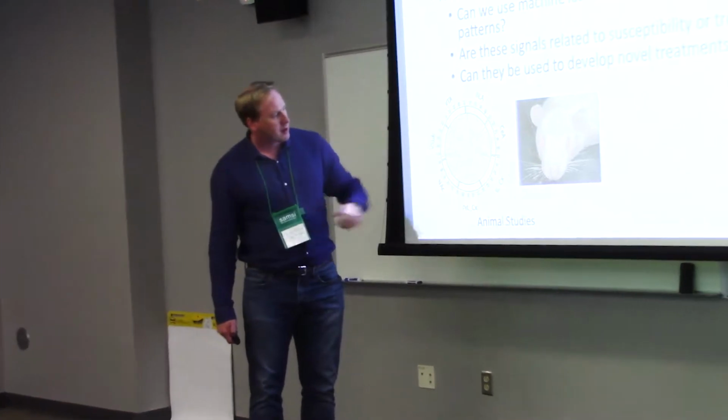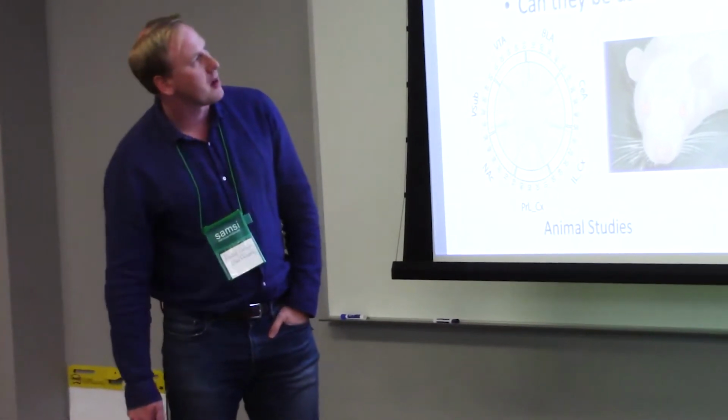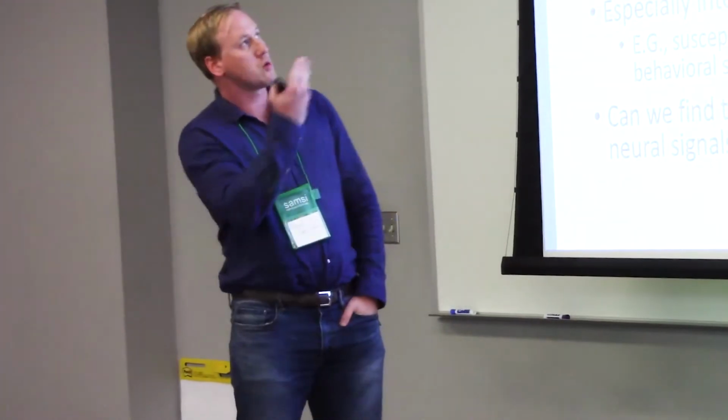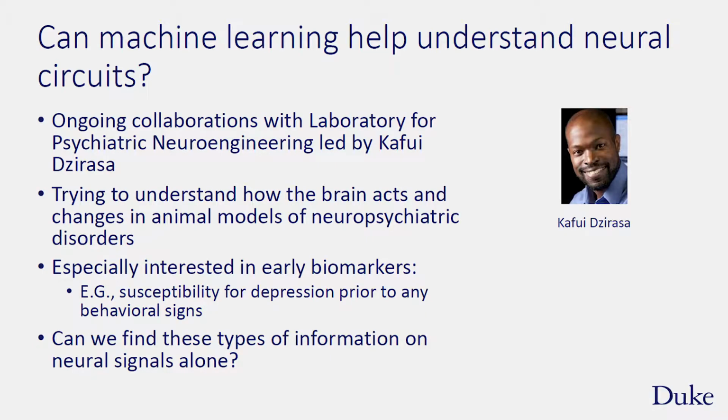So we're going to start by looking at what we can do in a mouse model. Can an actual machine learning technique help understand neural circuits? If we're looking at a mouse, we want to understand what's going on in this mouse's brain. This is an ongoing collaboration with Kafui Daraza, who's over there. He leads the Laboratory for Psychiatric Neuroengineering.